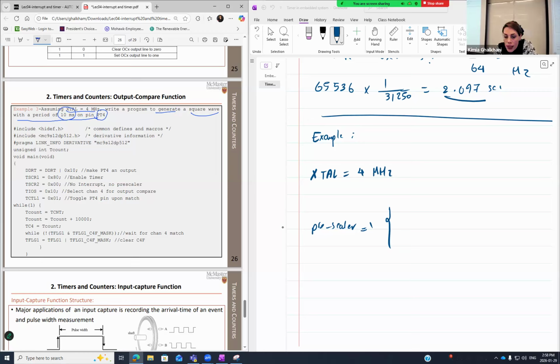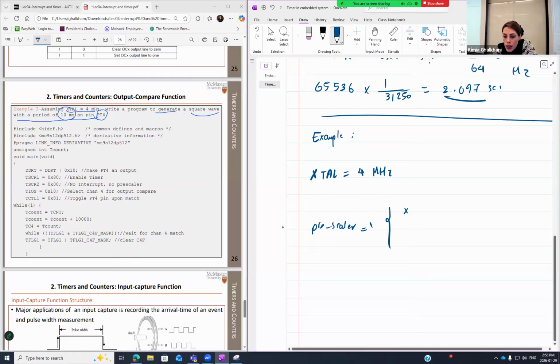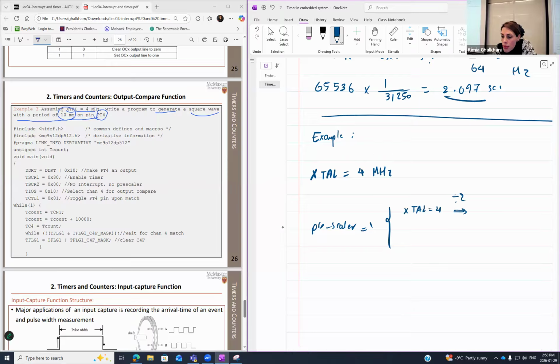So I have to consider again prescaler 1, and if the frequency is 4, I have to divide it by 2, remember? And then my main bus again is 2 megahertz. Now I have the main bus, which is 2 megahertz, for prescaler 1.